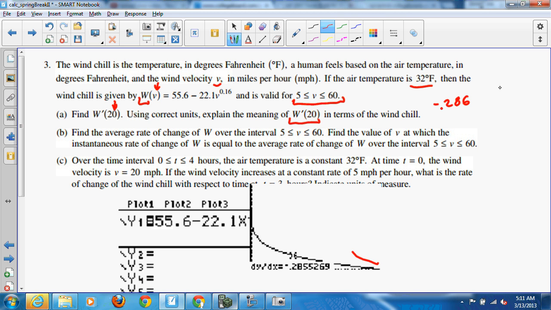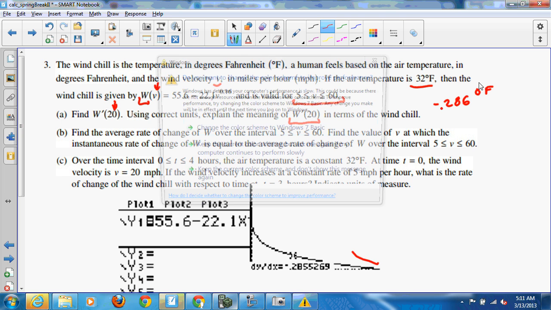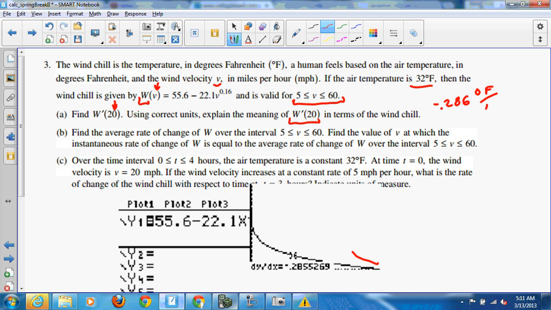So this is going down by negative 2.86 degrees Fahrenheit per minute. So at 20 miles an hour, that's the rate of the wind chill decreasing.